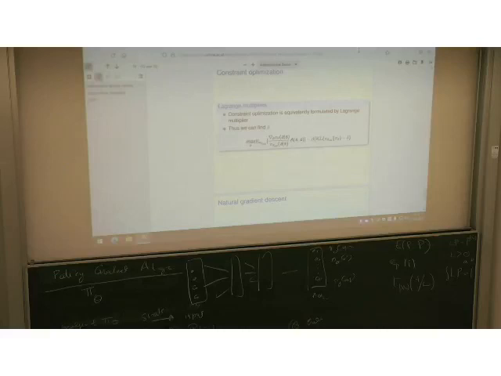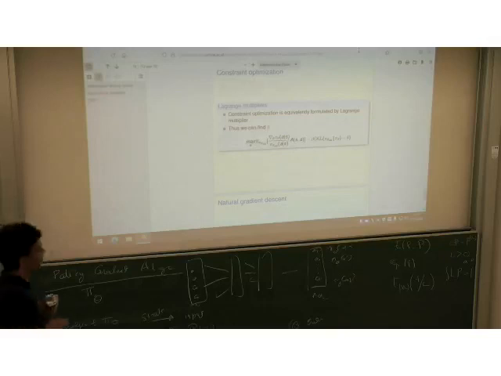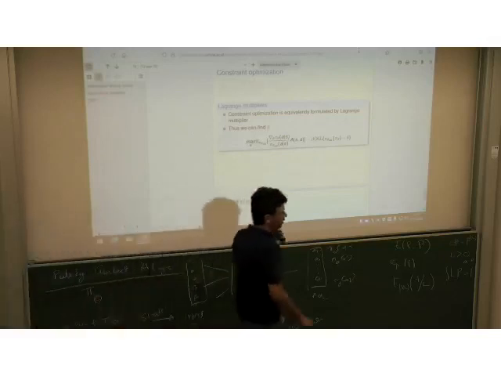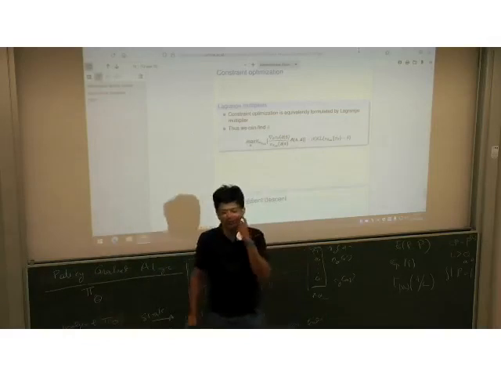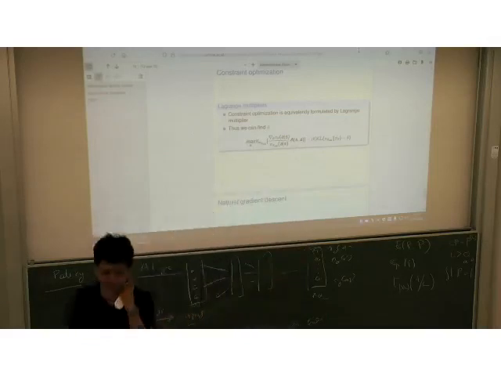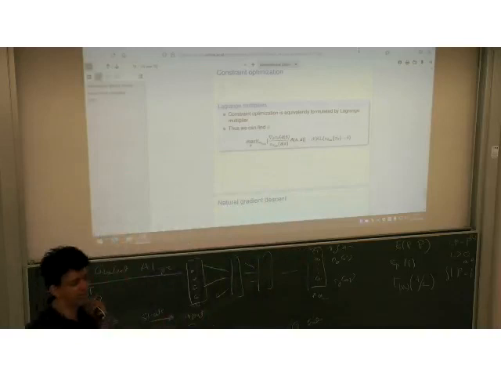I suppose most of you have seen it at least once. It is a classical way of solving problems; almost all real constraint optimization problems are solved using Lagrange multipliers.